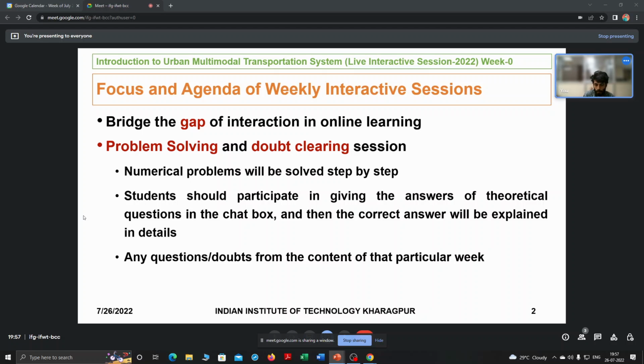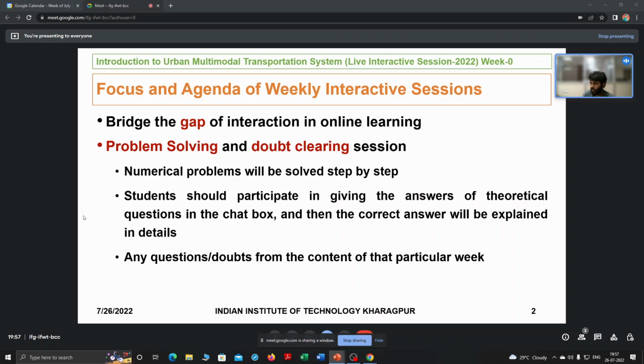So basically this session will focus on problem solving as well as doubt clearing. Whatever numerical problems there are in a particular week based on the content will be solved here step by step every week.